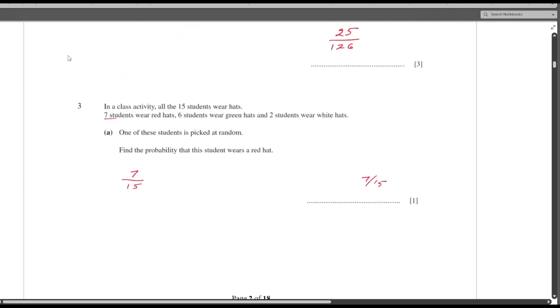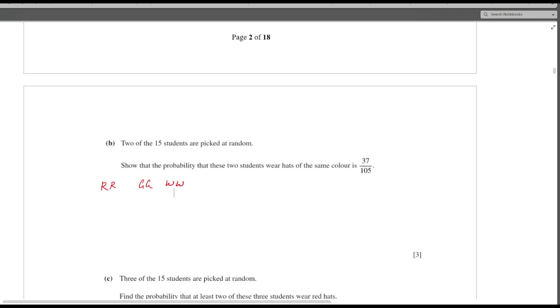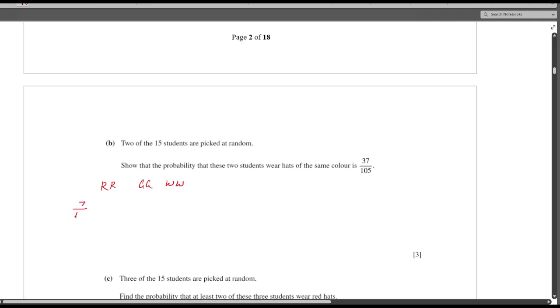Now when both are wearing red, the first student wearing a red hat, the probability is going to be 7 divided by 15, and the second one wearing a red hat, the probability will be 6 divided by 14.